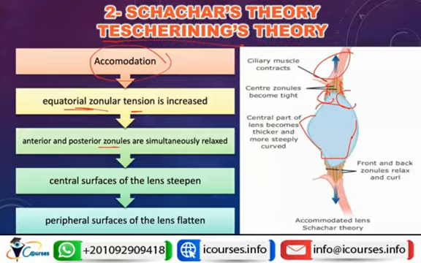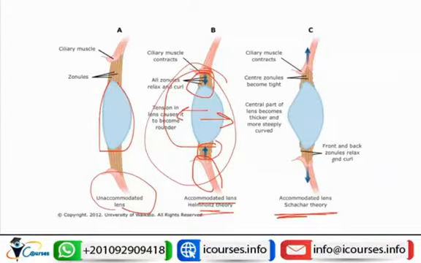Again, the front zonule and the back zonule will relax. This will lead to the central part of the lens bulging and the peripheral part of the lens flattening. This is called the Schachar theory.